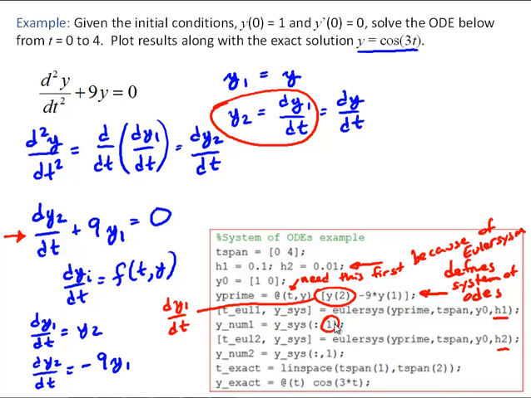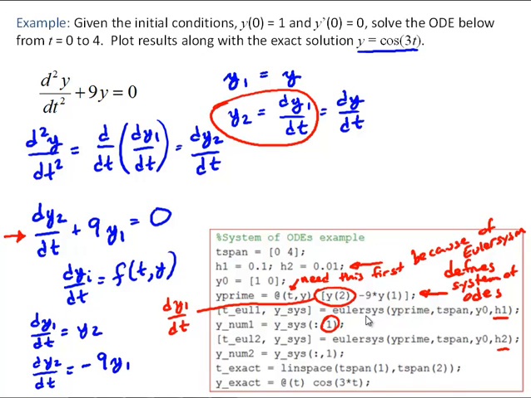The second column will give us the solution for y2, which in this case is just the derivative of y1, and it doesn't have any relevance, so we don't care about it. We won't even store that result.